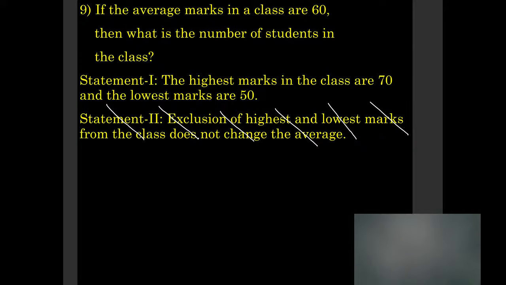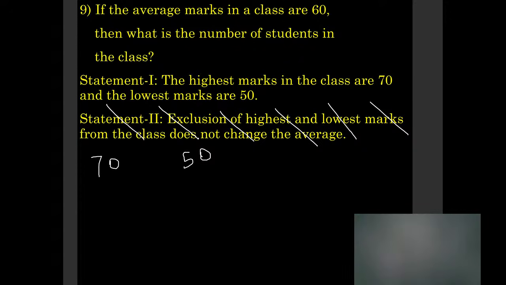Okay, statement 1 says that the highest marks in the class are 70 and the lowest marks are 50. So 70 comma 50 are the values.